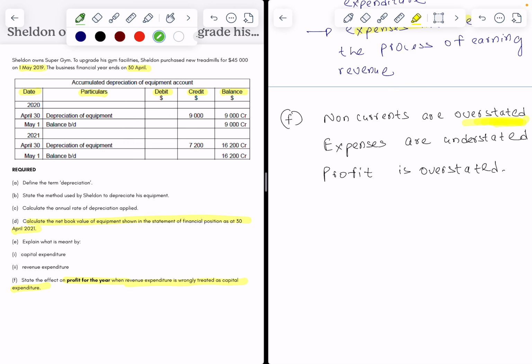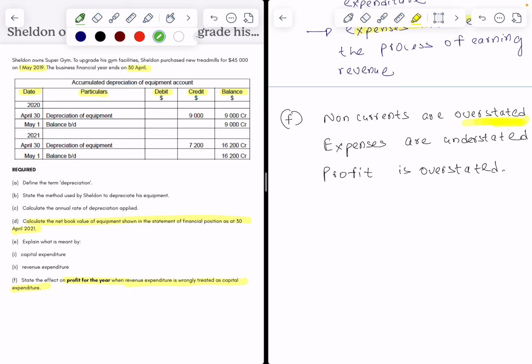This could be a motor vehicle repairs expense, which you incorrectly added to the cost account of the motor vehicle. So you're essentially overstating your assets. And simultaneously, you're understating your expenses, which is the repairs expense that you have failed to record for your motor vehicle, but rather ended up incorrectly classifying it as part of the total cost and showing it in the assets.